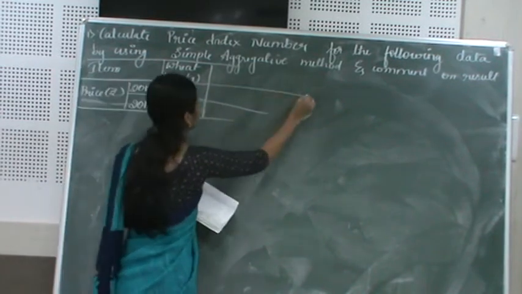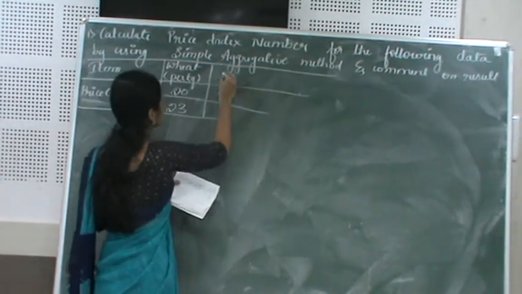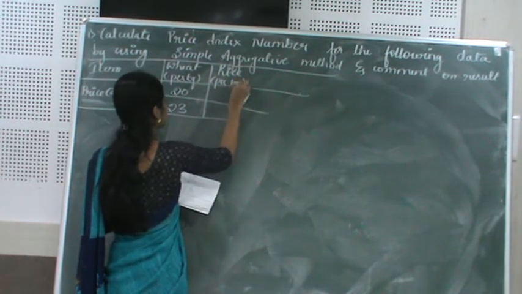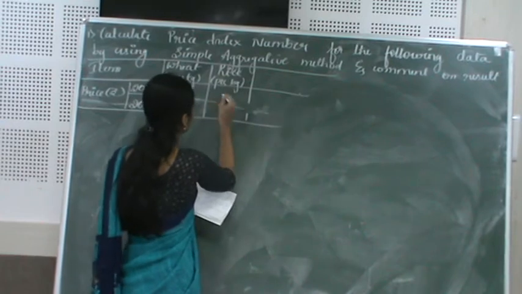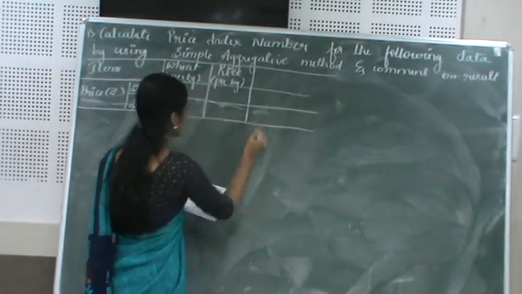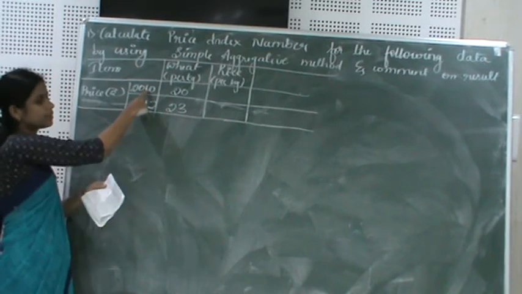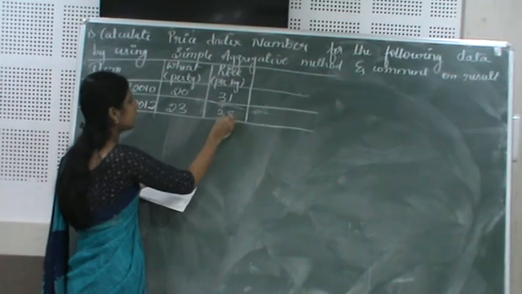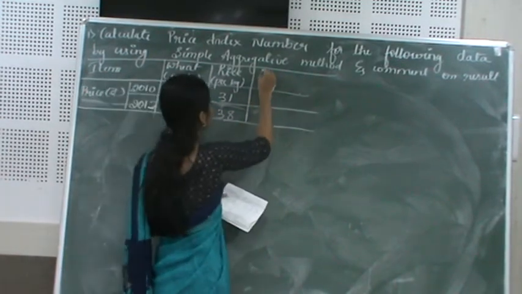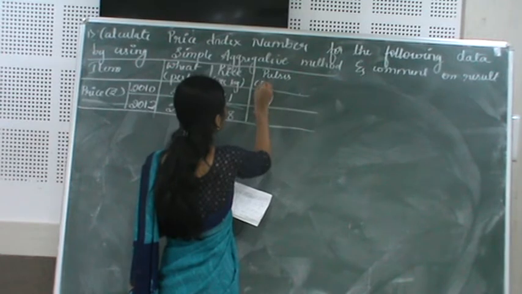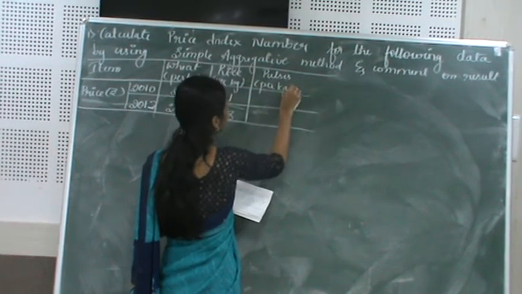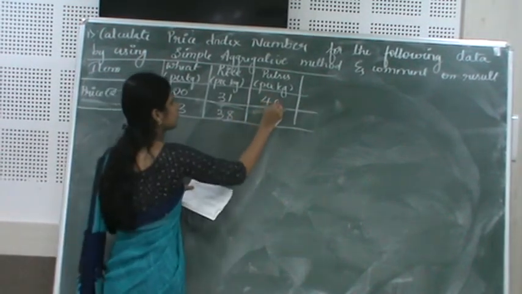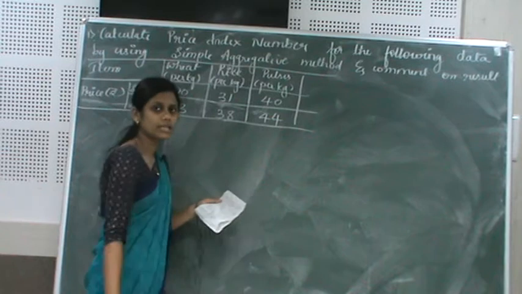Next item is rice per kg: the price in 2010 is 31, whereas in 2012 it is 38. Next item is pulses, also per kg: price in 2010 is 40, whereas in 2012 it is 44.